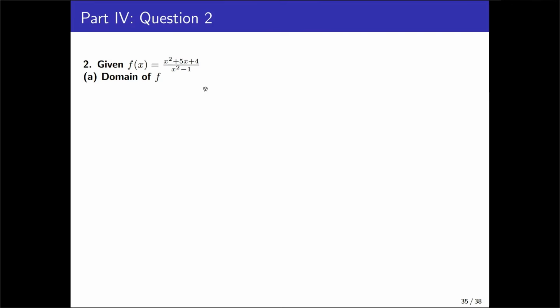Question number 2. We are given the rational function, that is f of x equal to x squared plus 5x plus 4 over x squared minus 1. And we are asked just to determine the following. The first one is the domain of the given function.